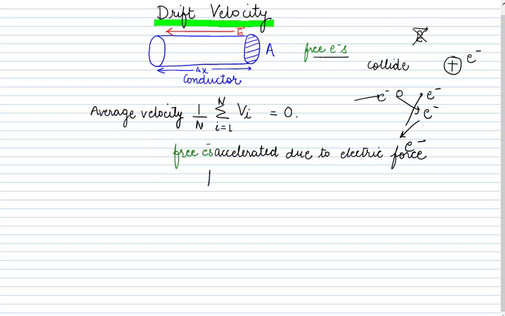That means all the electrons present inside this conductor will experience a force. Which force is this? This is the force due to the electric field, or the electric force, right? Because electrons are negatively charged particles, they will experience the electric force of minus e into E. Here e is the charge on the electron and E is the electric field.